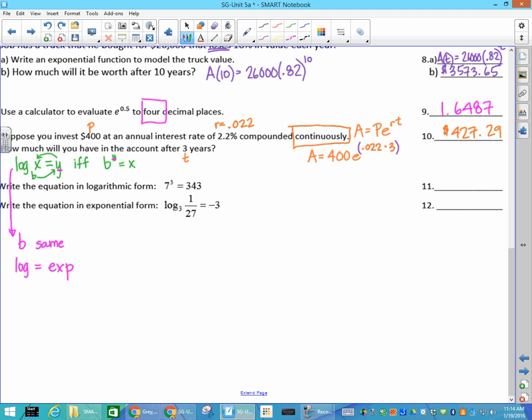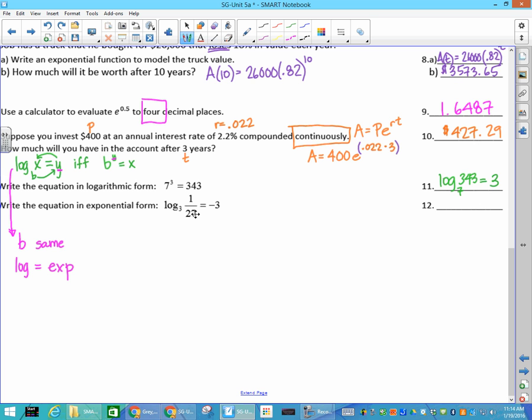So when we go and write this one, there's my base. My base is the same, so I'm going to have log base 7, and my exponent is my log. So my exponent is that number over here, which leaves the last number to be here. And you check it: 7 to the third equals 343. We're good.